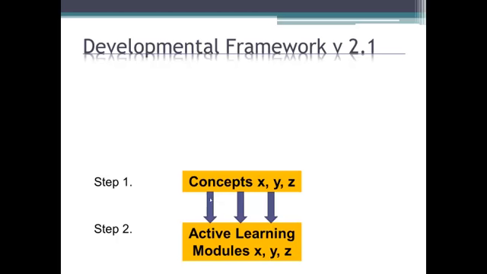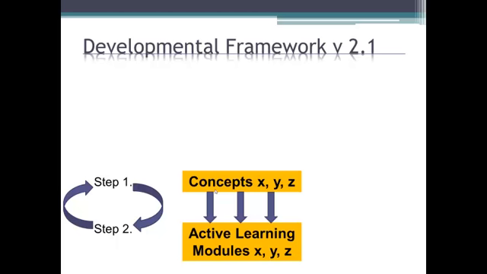It's just that you're identifying concepts and then associating them with whatever the appropriate active learning modules are. And those can constitute a lot of different approaches, hands-on, minds-on kinds of opportunities for student learning in the classroom. And most importantly with this, it really is an iterative process.